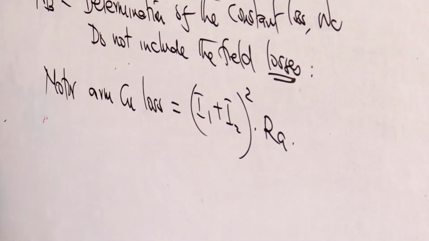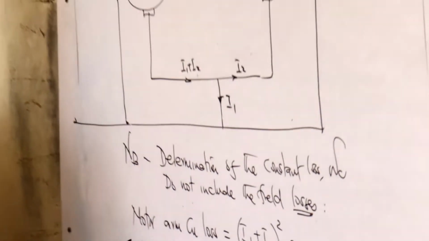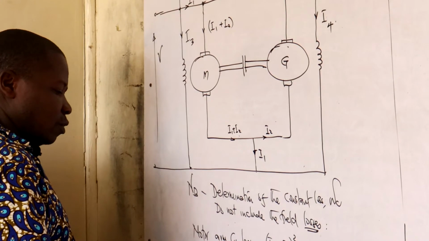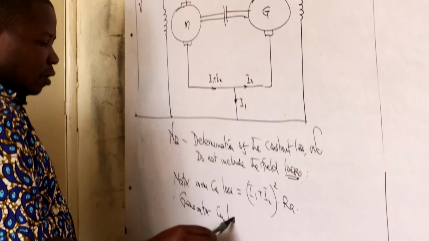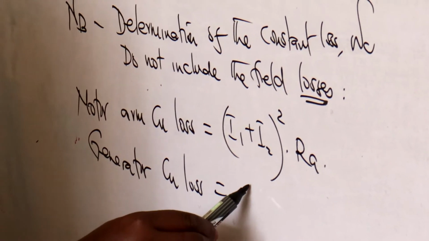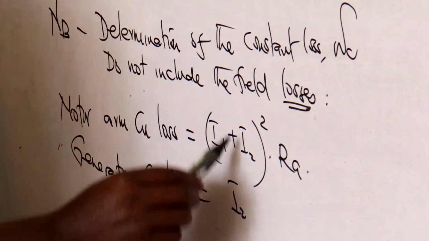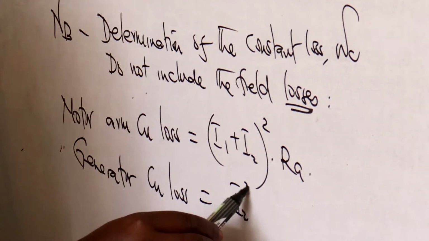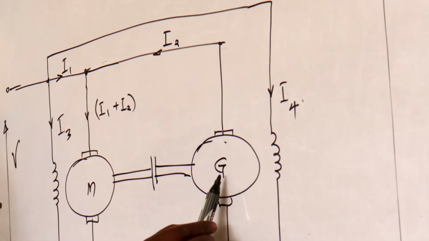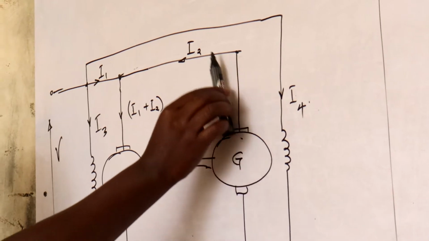Then we can also conclude for the generator. Generator copper loss is given by I2 squared R, because it's the only current coming from the generator.